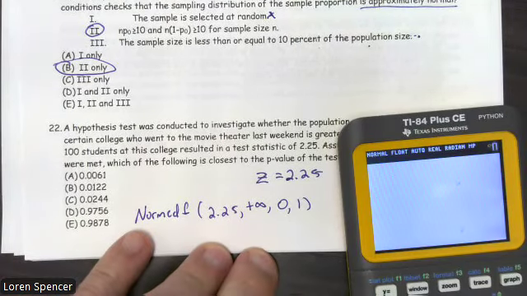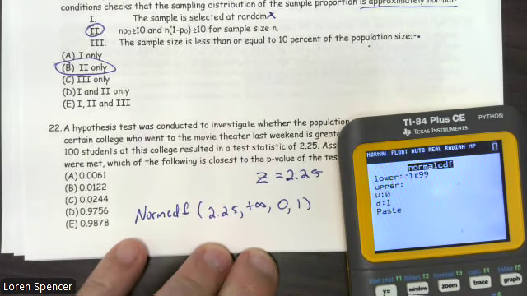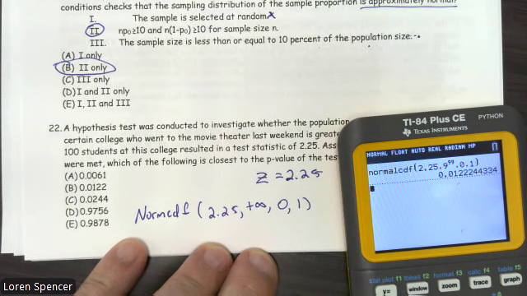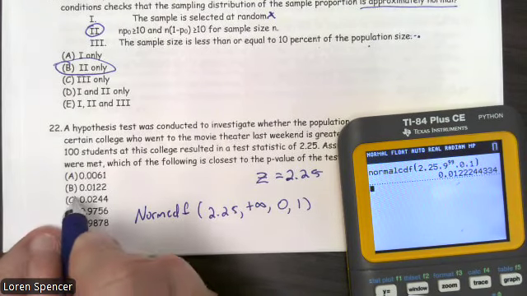So, second vars, normCDF, lower bound 2.25, because that's my test statistic. Upper bound, 9 to the 99th. Mean of 0, standard deviation 1. And I get a value of about 0.0122.